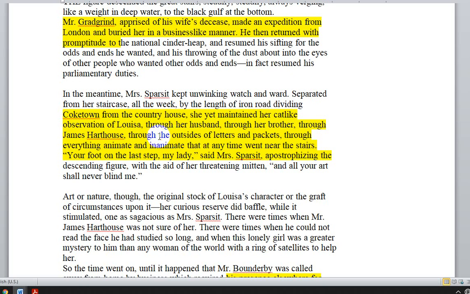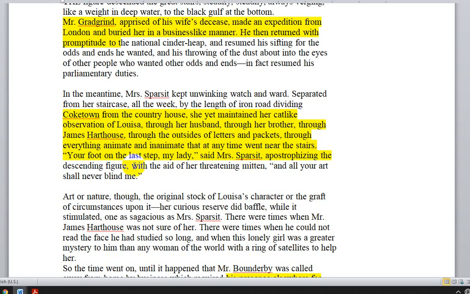So we have here: she maintained her cat-like observation of Louisa through her husband, through her brother, through James Harthouse, through the outsides of letters and packets, through everything animate and inanimate that at any time went near the stairs.